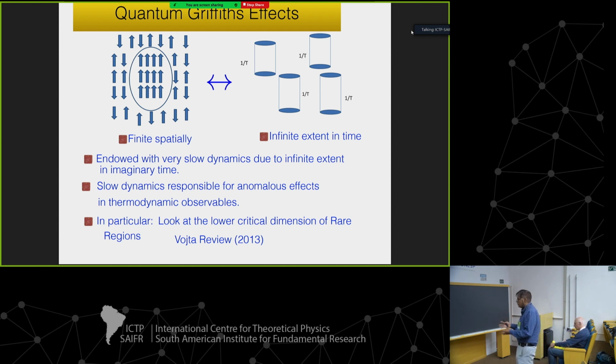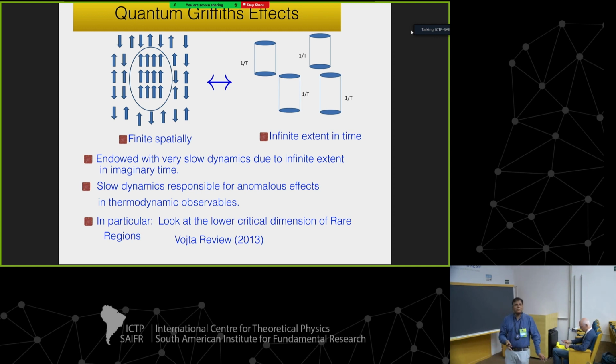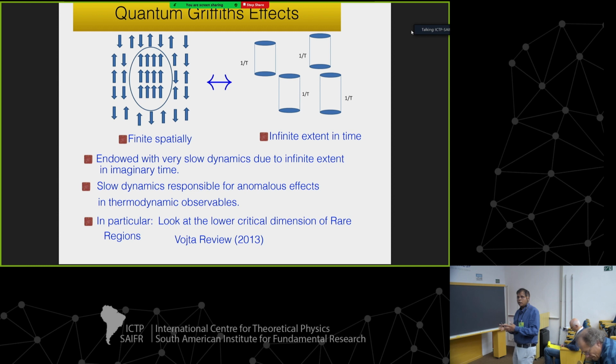Essentially, all these beautiful results that Thomas and Jose and maybe their collaborators came up with have a very nice underpinning to them. And the nice underpinning is related to the effects of what are called rare regions. So what are these rare regions? These are regions which are locally ordered, even though the bulk is in the disordered phase.